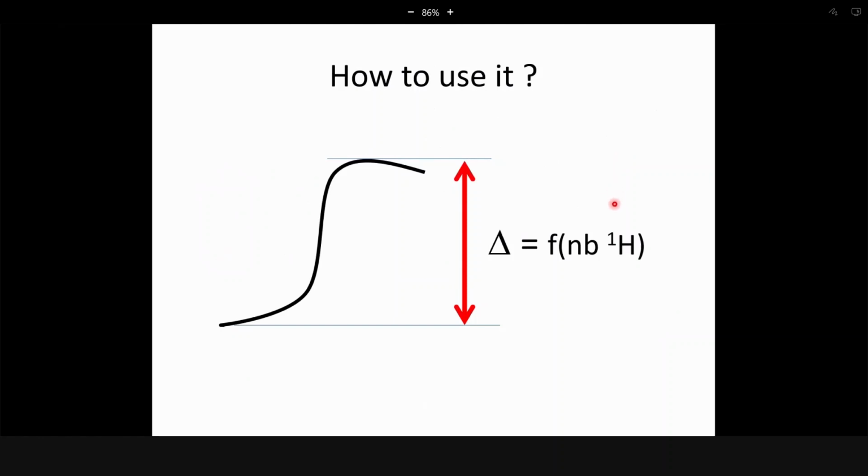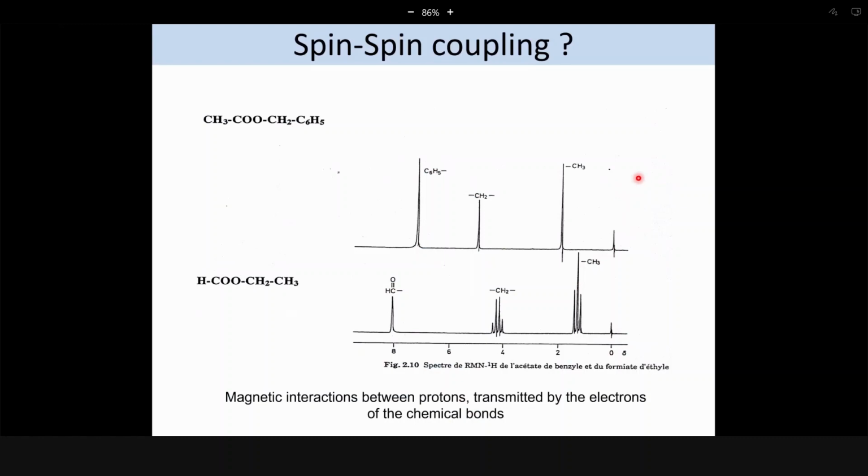There is a third information we can get from a proton spectrum, which is what we call the effect of the spin-to-spin coupling. So what is this? Here we have two structures.